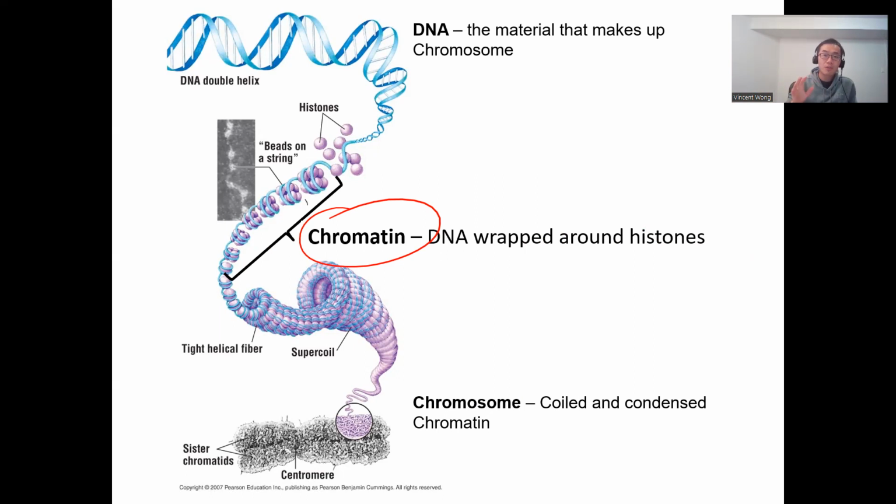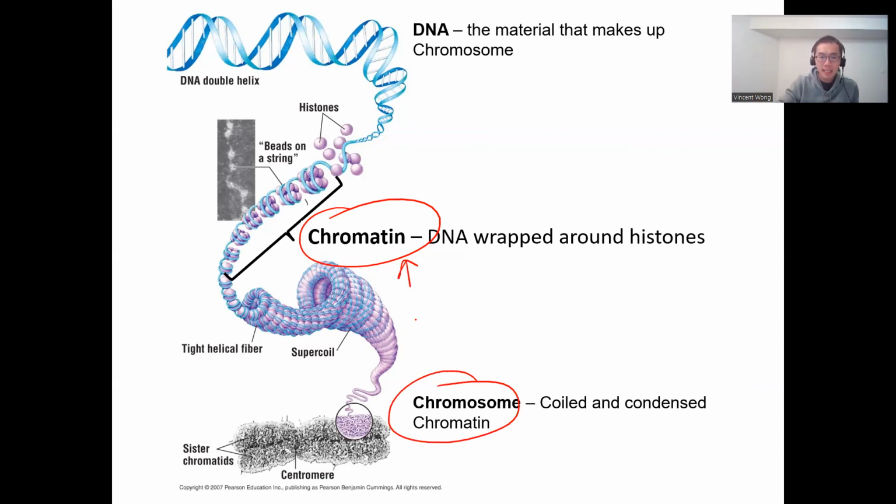But when you have to move the genetic material around, like when you are trying to separate the DNA when the cell divides, then you need to condense it even further. And the most condensed form is called a chromosome.